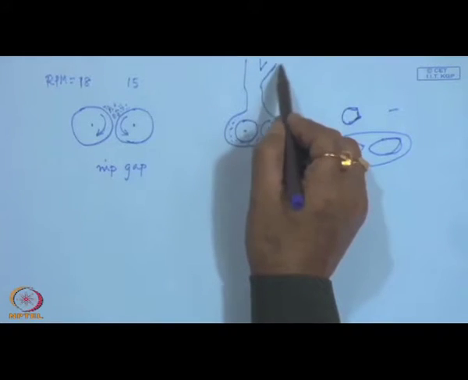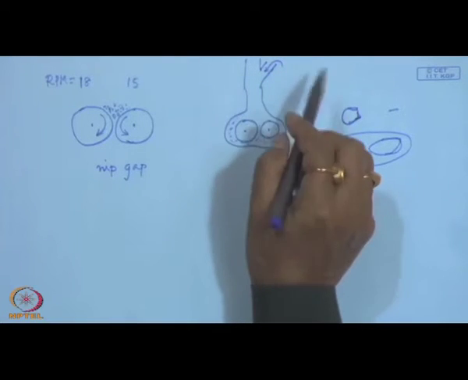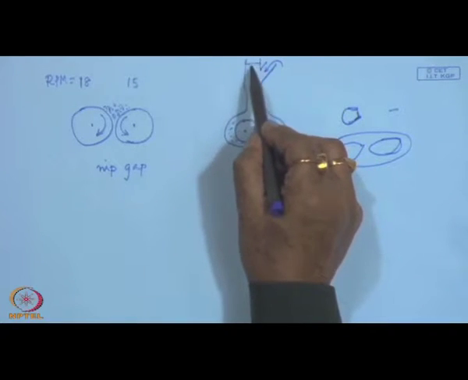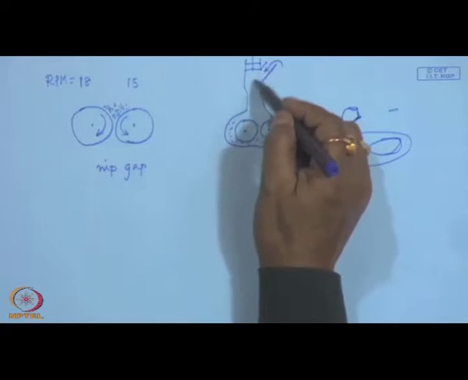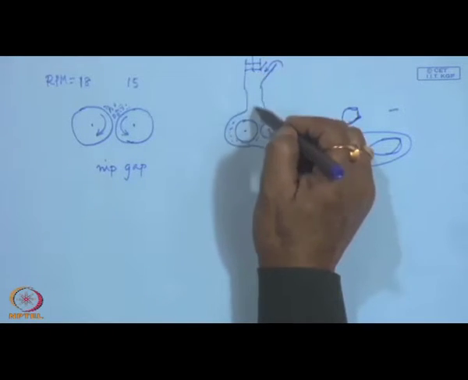The polymer can be inserted through this hopper, and there can be a ram which can be moved up and down this way to carry the material from the hopper into this zone.